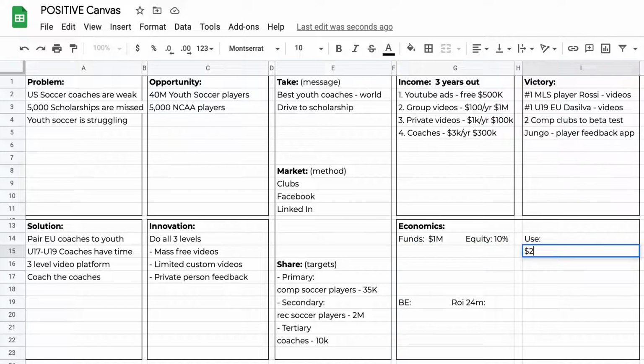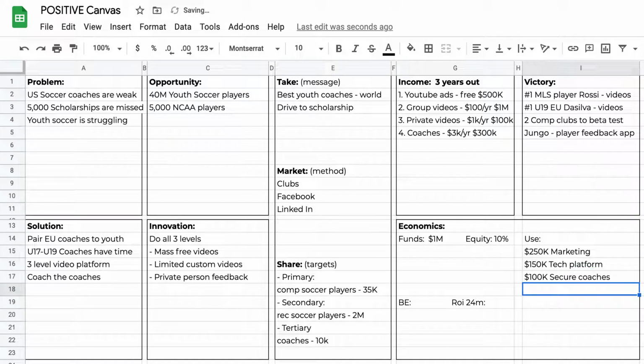Well, we need $250K in marketing, we need $150K in tech platform, we need $100K to secure coaches, and then whatever, right? And you just keep adding until you get to that total of 1 million. They want to know exactly what you're going to use it all for.